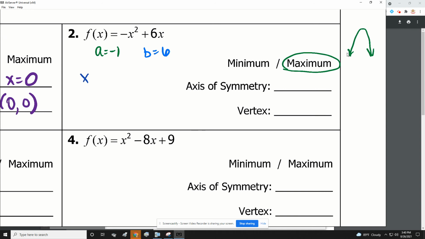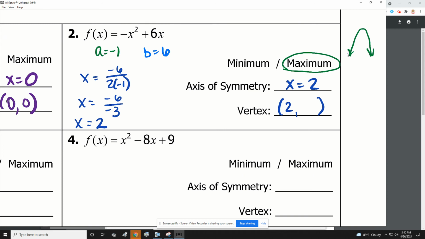So I'm going to use my axis of symmetry equation. X equals the opposite of b over 2 times a. So x is -6 divided by -3, or just 2. All right.